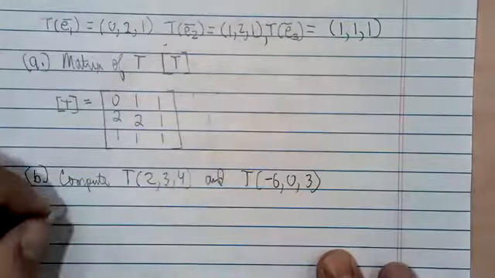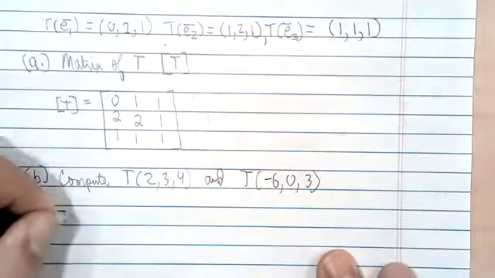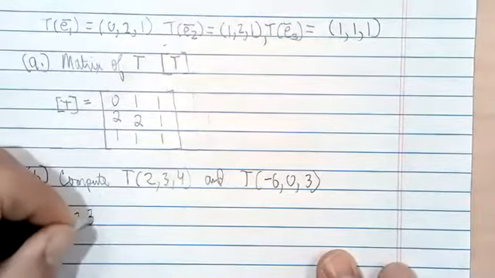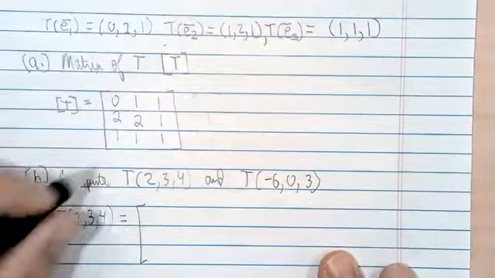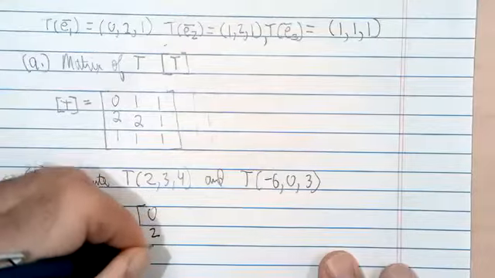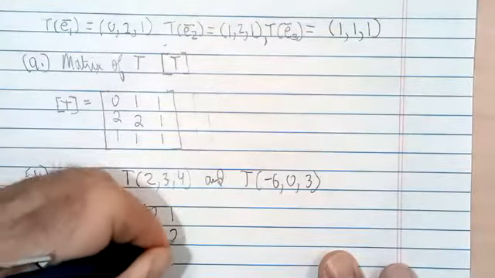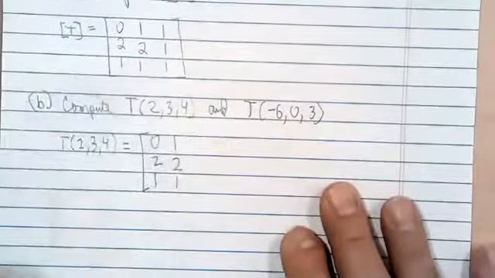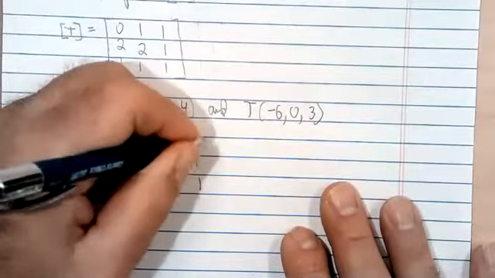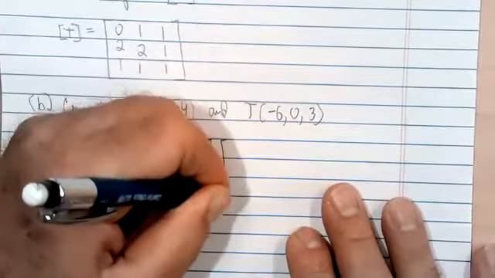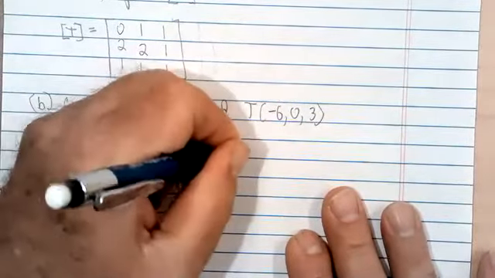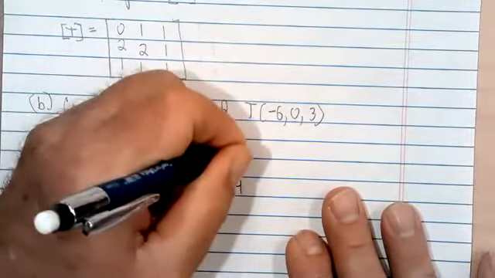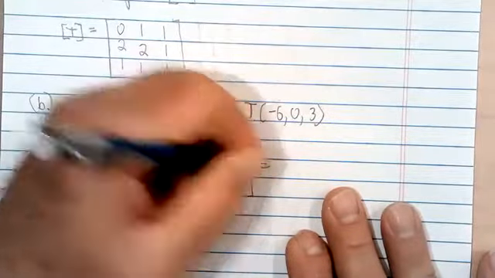So what I would do is I would say T of 2, 3, 4 is the coefficient matrix, which I now know is 0, 2, 1, 1, 2, 1, and 1, 1, 1, and multiply it on the right by the column matrix 2, 3, 4.